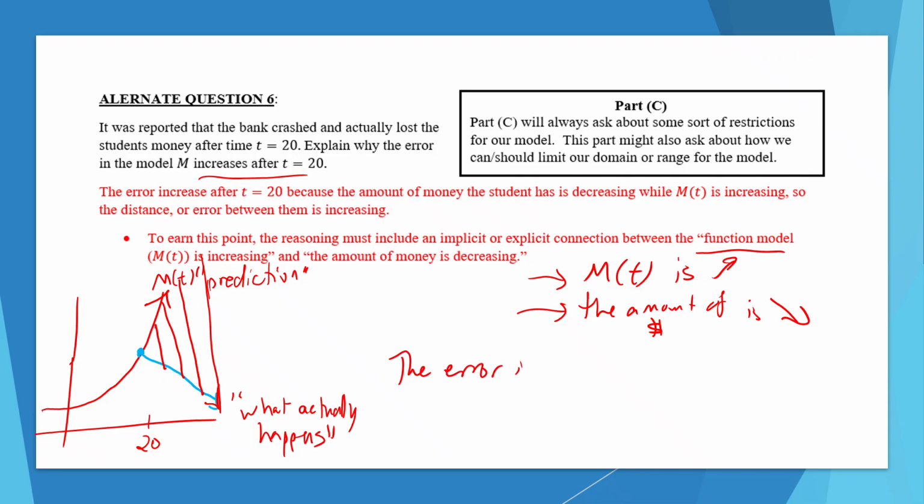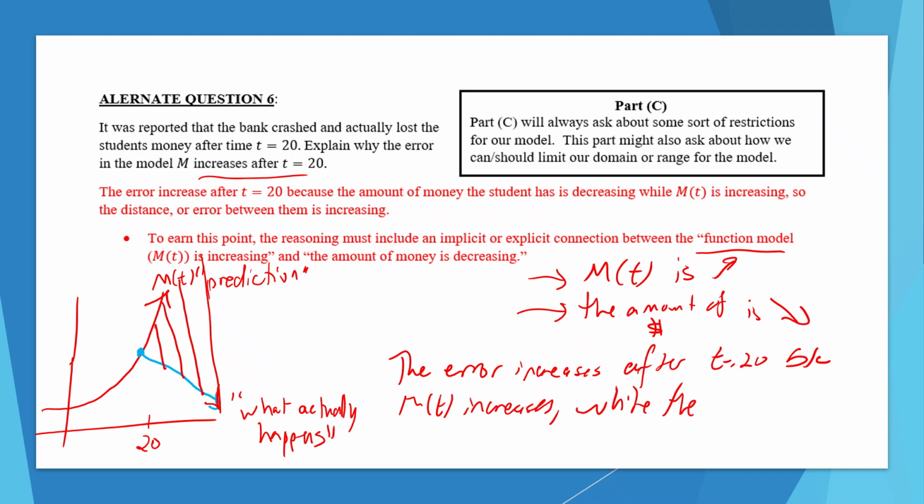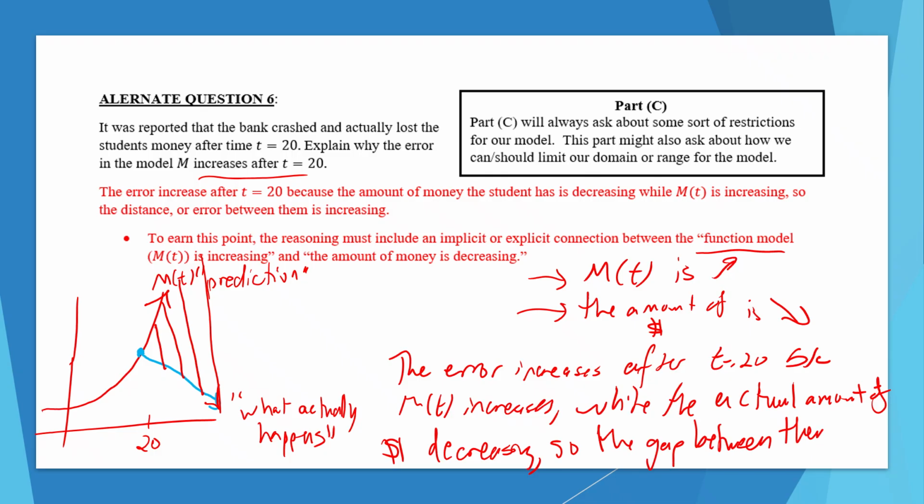The error increases after t equals 20 because m of t increases while the actual amount of money decreases. So the gap between them gets bigger. And that would be a perfect explanation that would get full marks for that question.